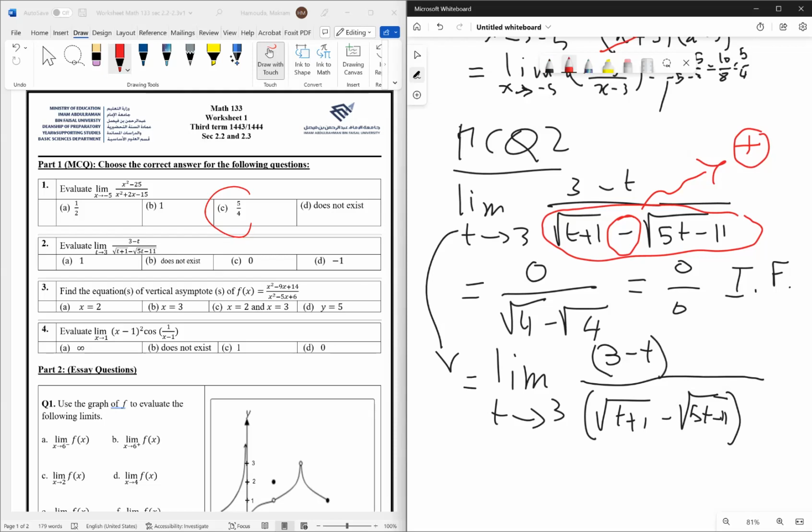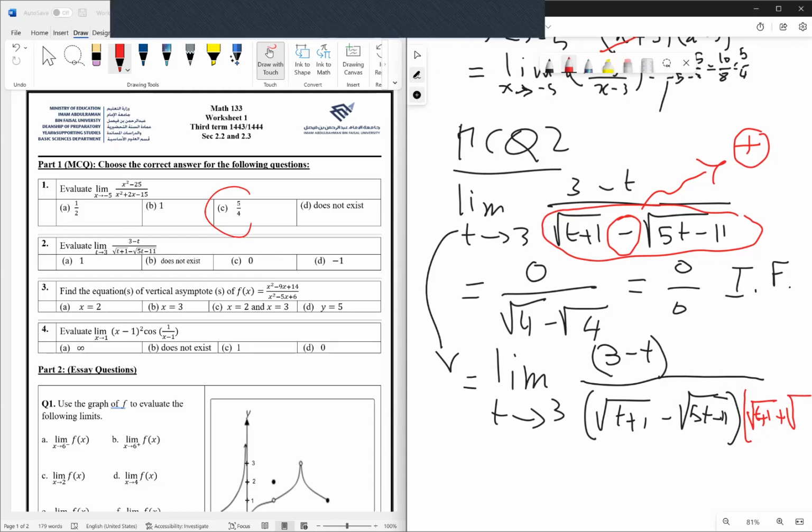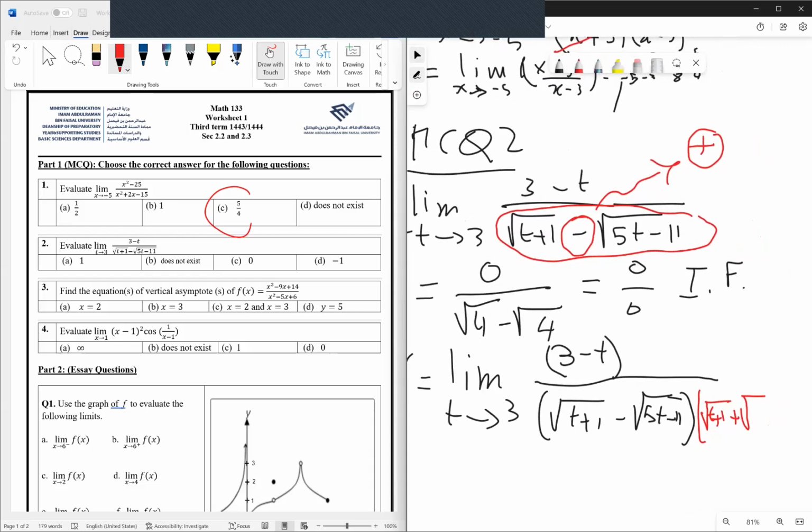So since I will use the conjugate in the denominator, root t plus 1 plus root 5t minus 11.